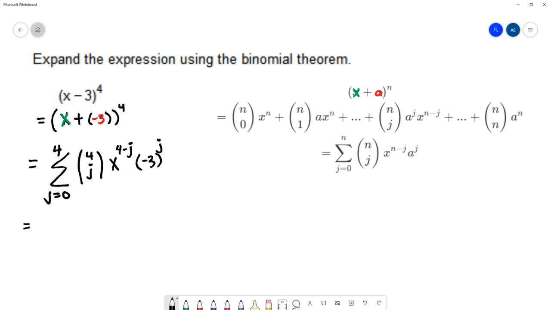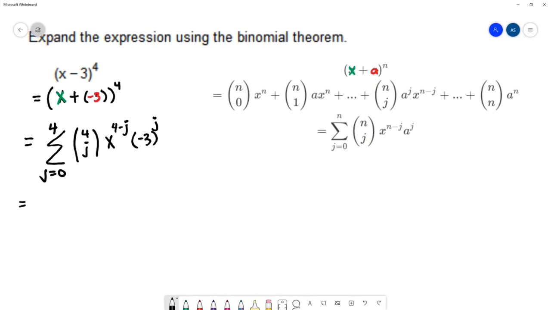Now, if we want to follow the formula literally, we would evaluate the summation. We're going to start with j equals 0 and substitute that in. That would give us, for our first term in the summation, 4 choose 0, x to the 4 minus 0, negative 3 to the 0.